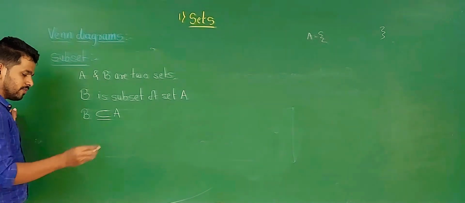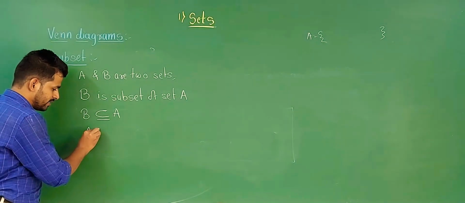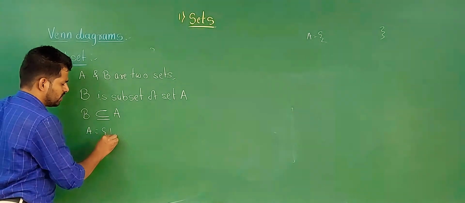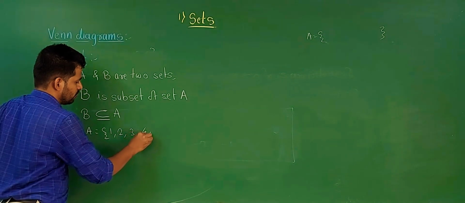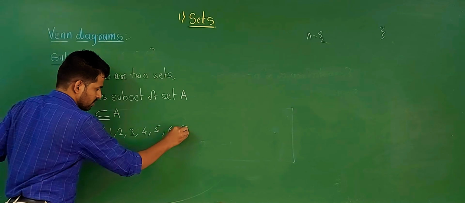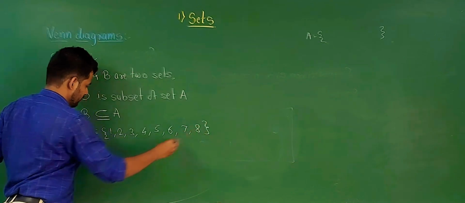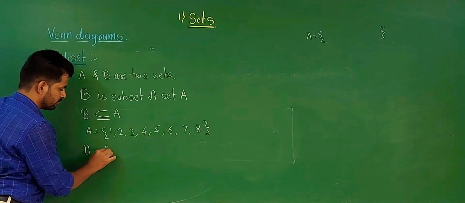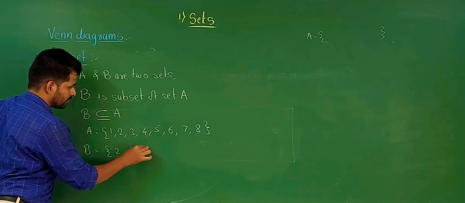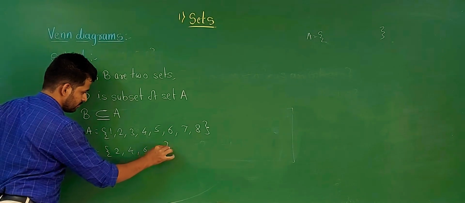We take one example so you better understand. Suppose A equals 1, 2, 3, 4, 5, 6, 7, 8, and we take set B equal to 2, 4, 6 and 8.